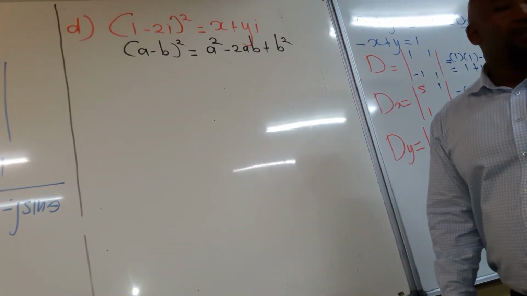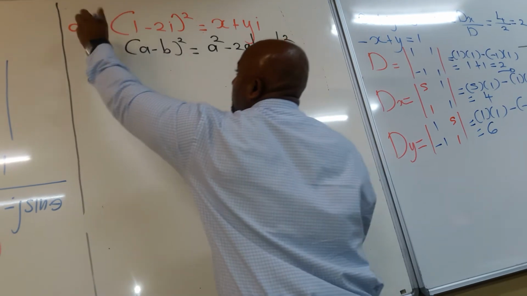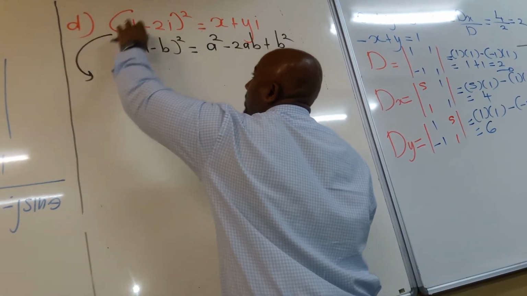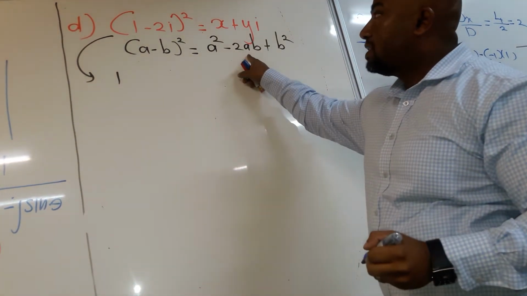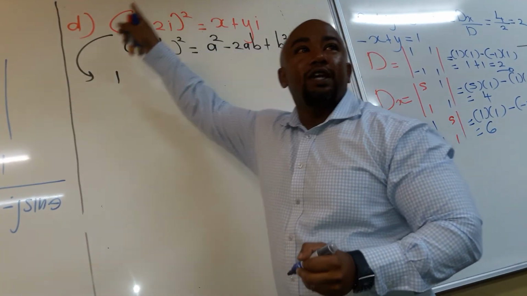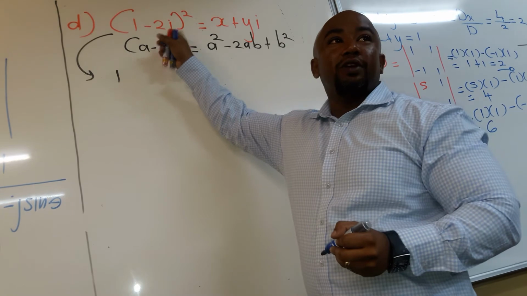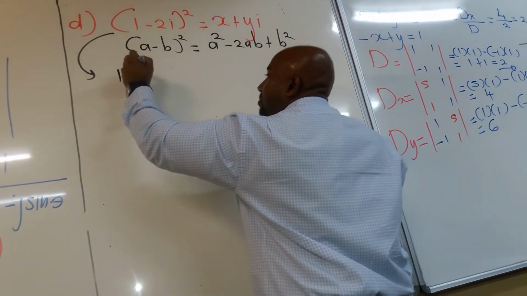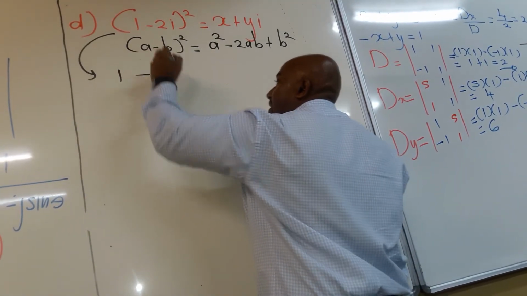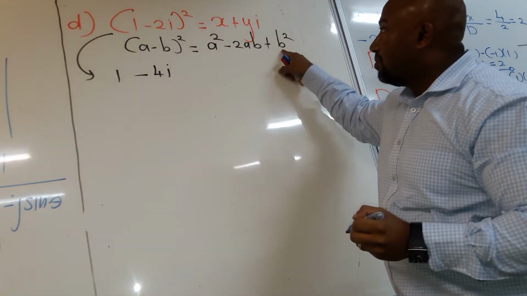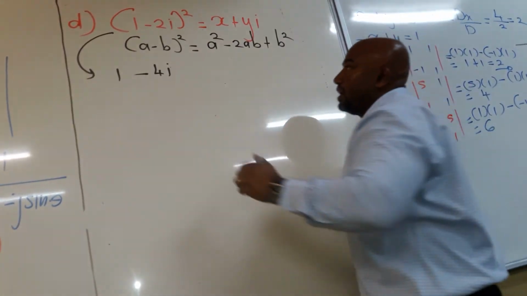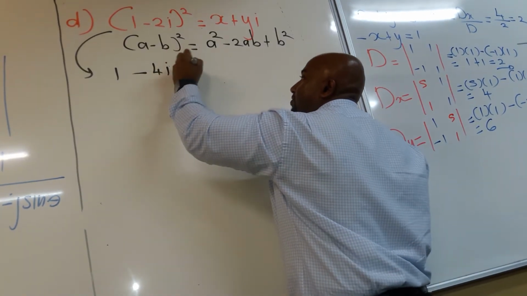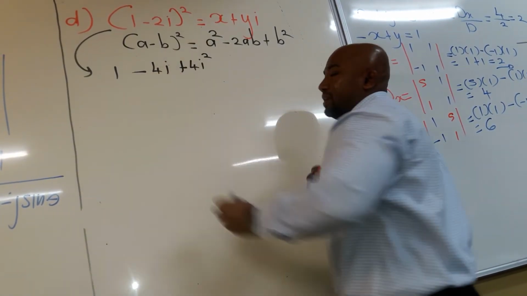Okay, that's exactly what I'm going to do now. So if I square this here, that's going to be 1 squared, which is 1. Now the middle term will be 2 times 1 times minus 2i, which is going to give me minus 4i. And the last term will be minus 2i all squared. So that will become plus 4i squared.